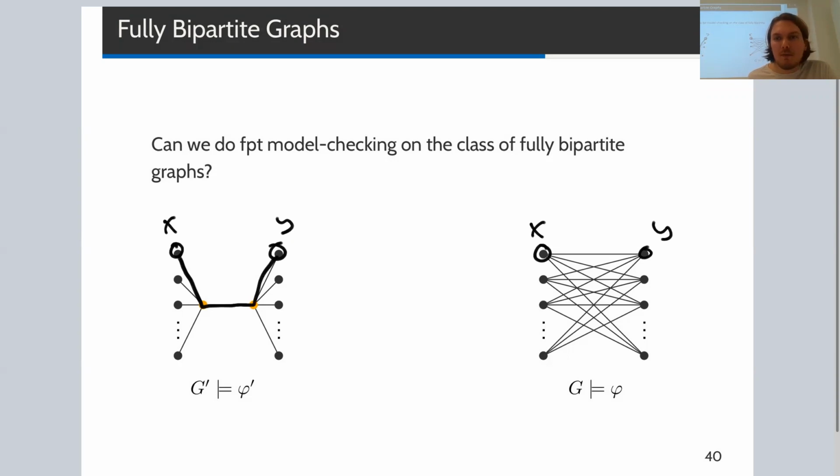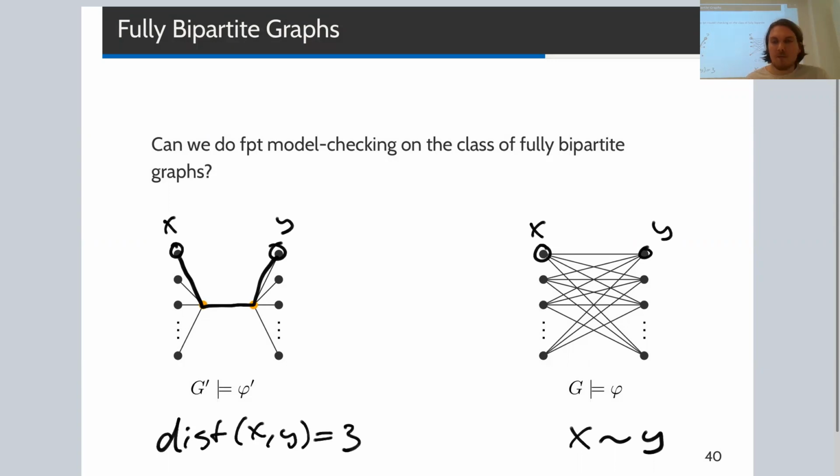So if X and Y are on different sides, they have distance 3. On the other hand, if X and Y are on the same side, they have distance 2. So what we notice is that X and Y are adjacent here if and only if the distance between X and Y is equal to 3 in this graph G prime.